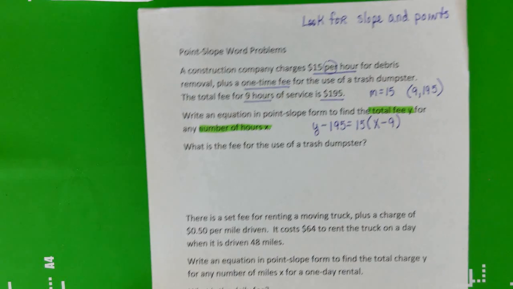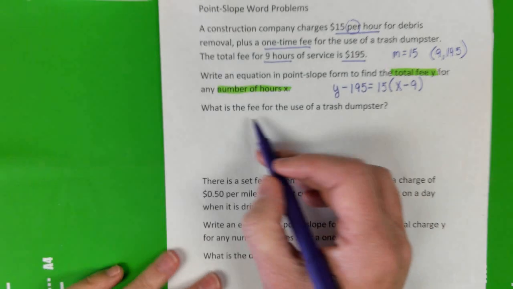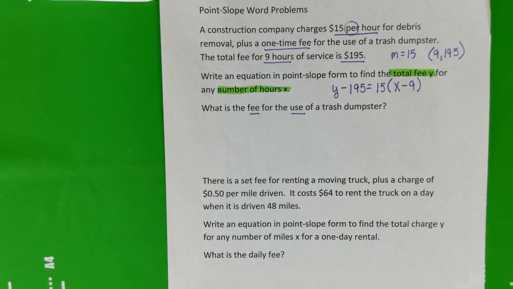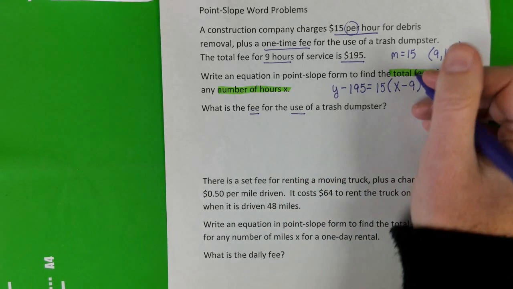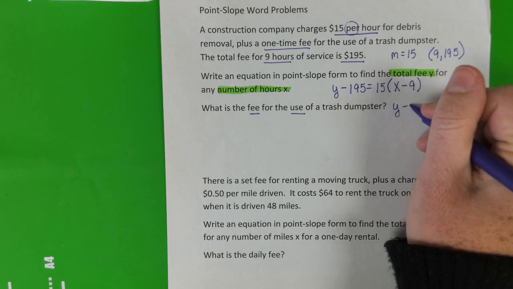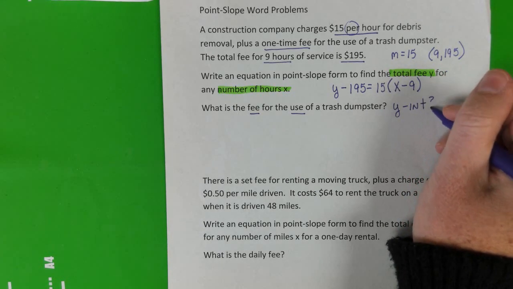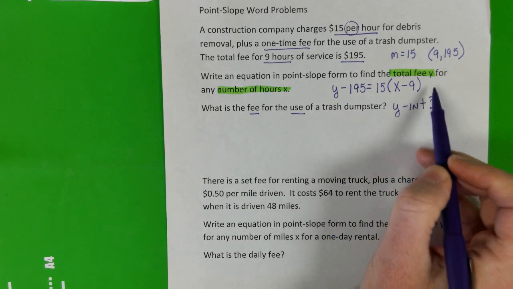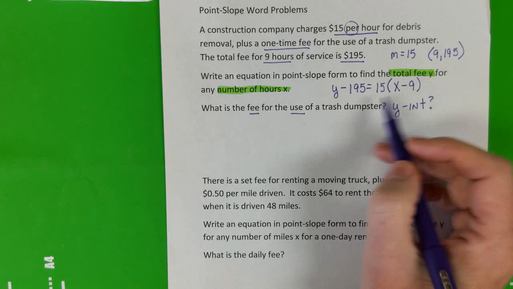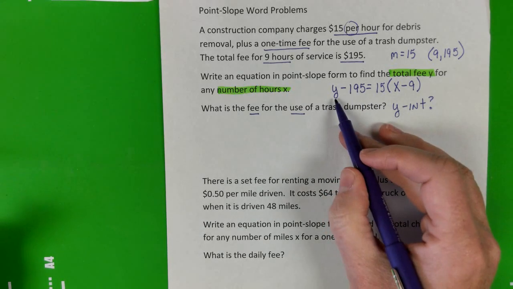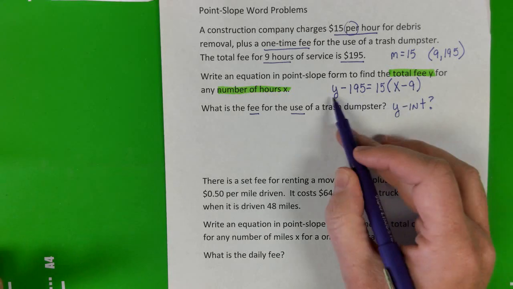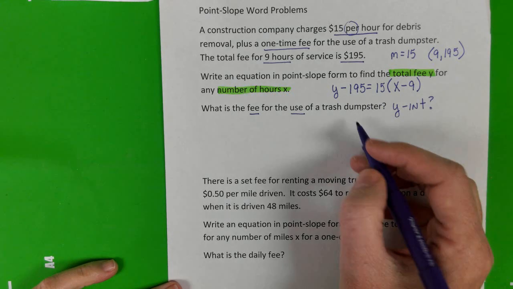Okay, so then the next question says, what is the fee for the use of the trash dumpster? So that's basically asking for our y-intercept, right? All we have to do is take this and rearrange it.